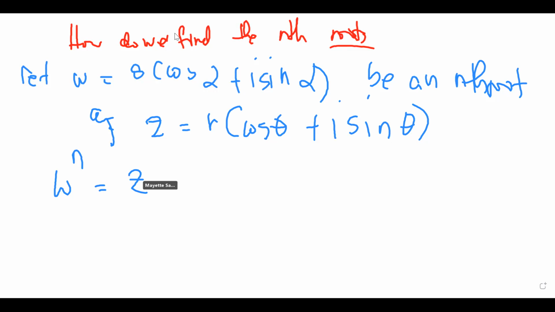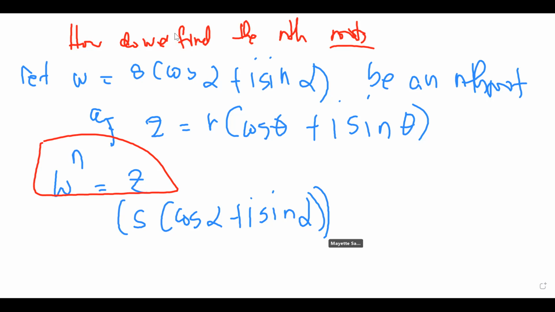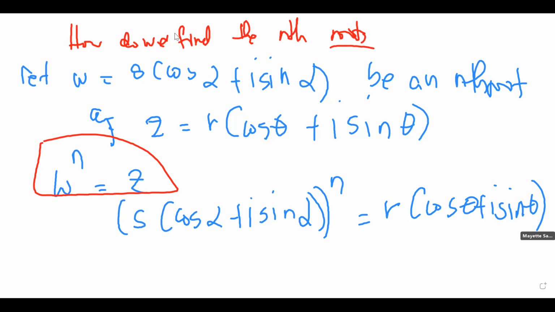Therefore, using the information that we have here, we can write this as [s(cos α + i sin α)]^n = r(cos θ + i sin θ). I'm just rewriting this part here in terms of the values of w and z.